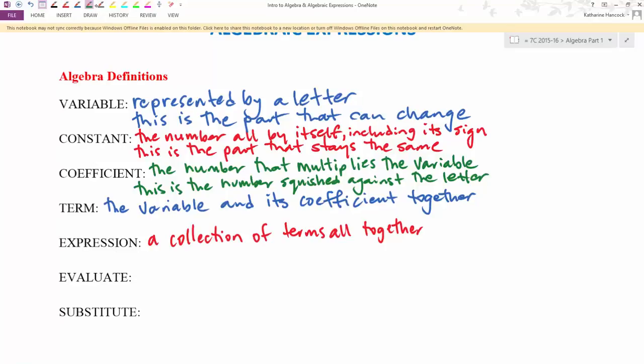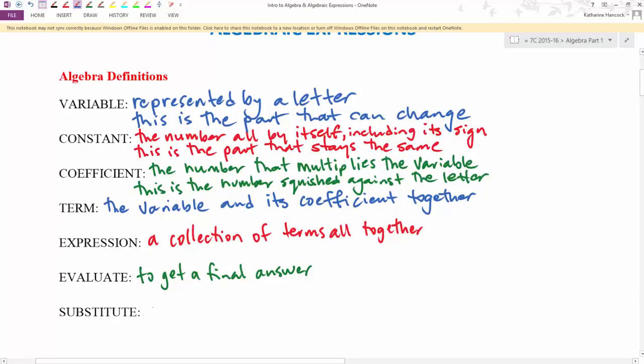Now, just a couple of other definitions that we need to know. Evaluate means to get a final answer. So you might have to multiply, add, subtract, but you're going to get a final answer. And substitute is almost like doing a secret code.